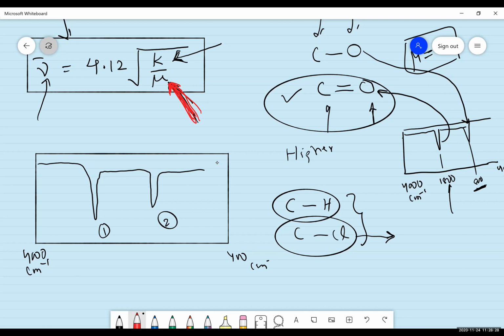So high mu means wave number will be smaller or larger? Smaller. It will be smaller. So it means CCl will be number 2, and CH will be number 1.